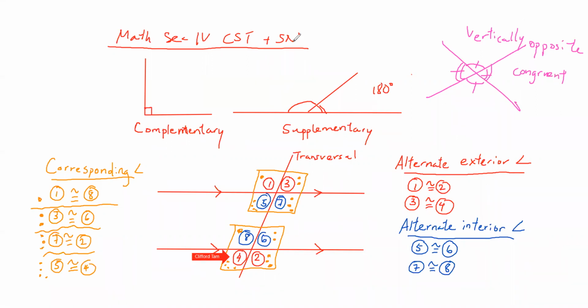I thought I should finish just by mentioning really quickly that our friend the triangle always has interior angles that add up to 180. So angle 1, angle 2, angle 3: 1 plus 2 plus 3 always equal 180.